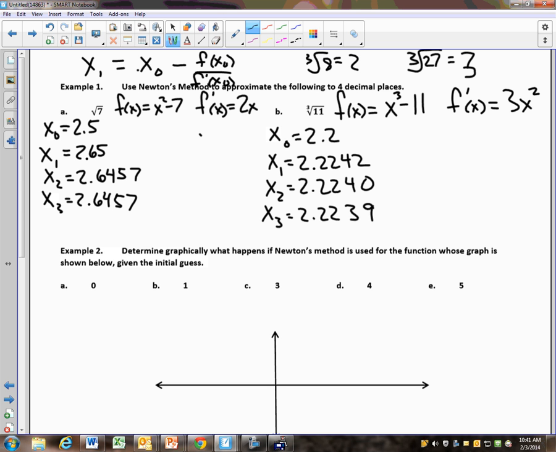I probably should have rounded it the first time. Looking at my method, you really shouldn't round till the very end. Really, you don't need to round. It should stay the same.